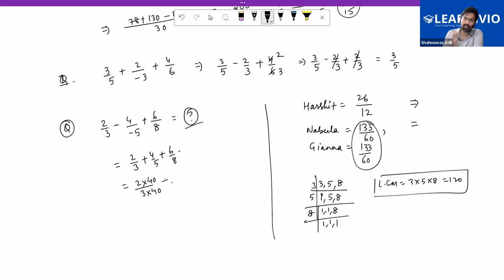And do we not simplify 6 and 8? Yes, we can do that also, right? That is also correct. Yes, absolutely right. So we can simplify this also to make the calculation lesser in length, right? So yes, that we can also do.